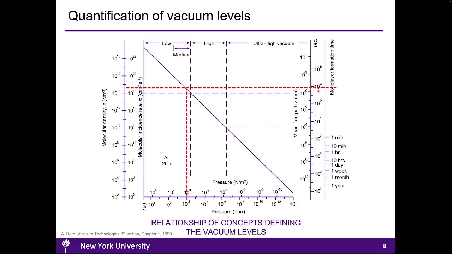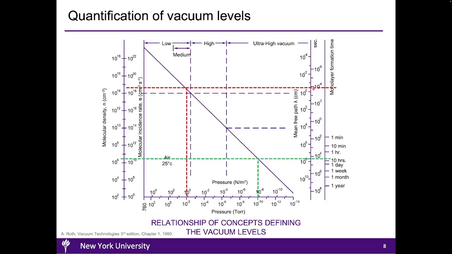Furthermore, this coincides with a small monolayer formation time of 100 microseconds. In this vacuum it takes only about 100 microseconds to form a monolayer of residual gas on the surface of the wafers.